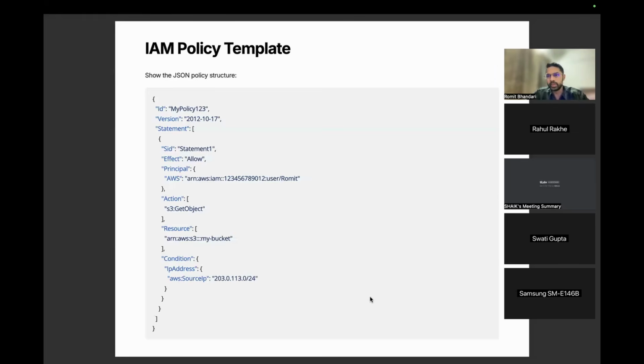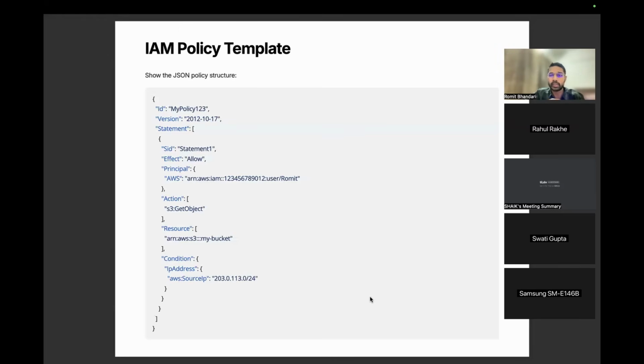By principal you mean who is trying to access the resource, who is trying to do the action. Action is the verb, you are trying to get, put, create, whatever you are doing based on the resource. Putting an object in S3, getting an object from S3, getting a row from your RDS, creating a row in RDS, whatever.